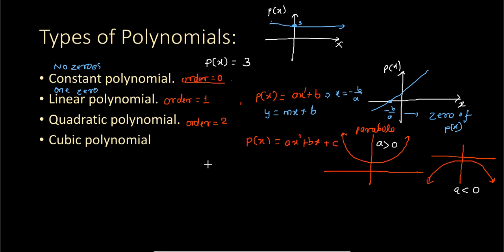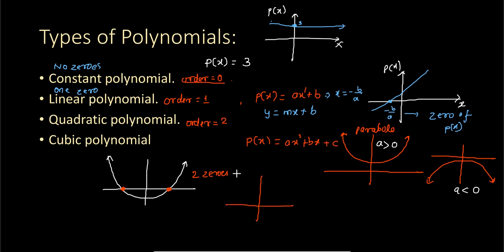Now we talk about the zeros of a quadratic polynomial, right? Let us say you have been given a polynomial which is intersecting the x-axis at two different points. This is point number 1, this is point number 2. Here we have two zeros. Since it is intersecting the x-axis at two different points, we have two different zeros. You might have a parabola which is not intersecting at all, like this.